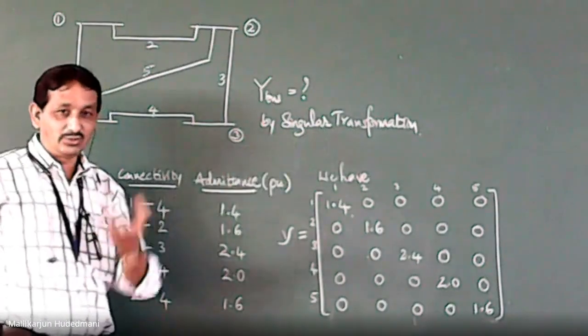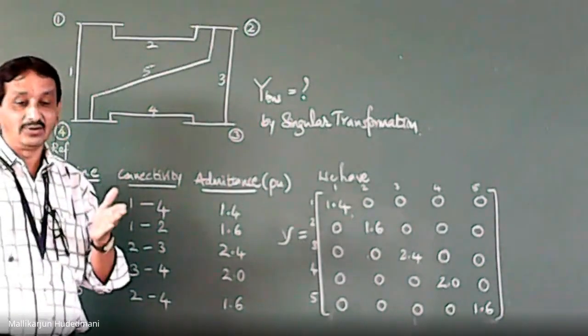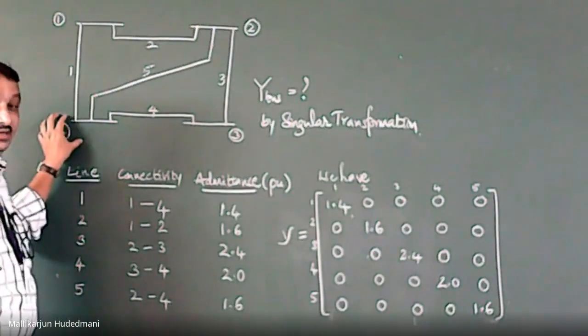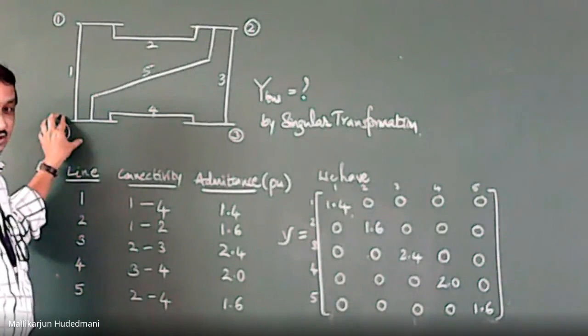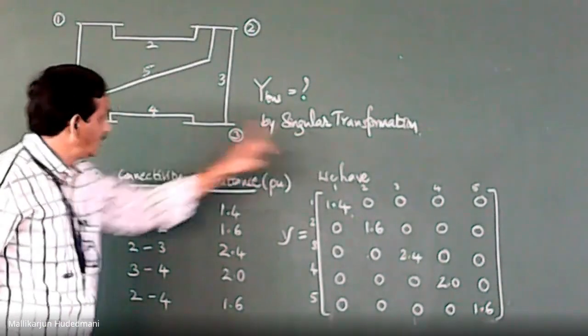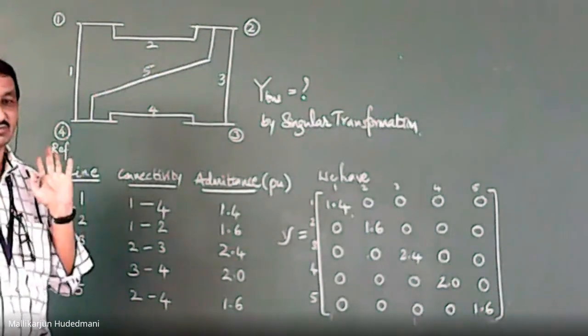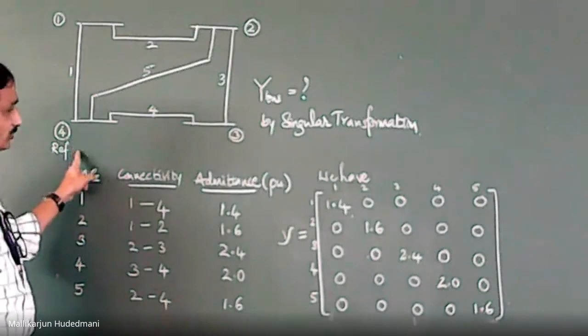Hence, to get that, the A matrix has to be formed from the A cap, and the reference bus has to be deleted from that representation. So we must remember the syntax: singular transformation, the reference bus must be identified from the given problem. So here 4 is a reference.